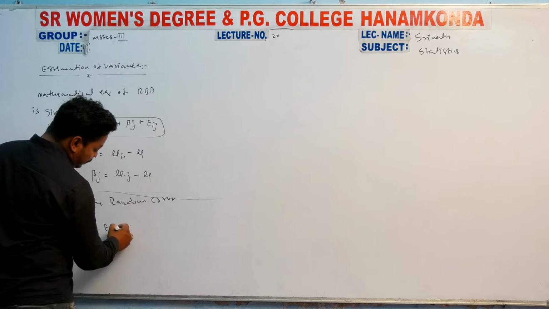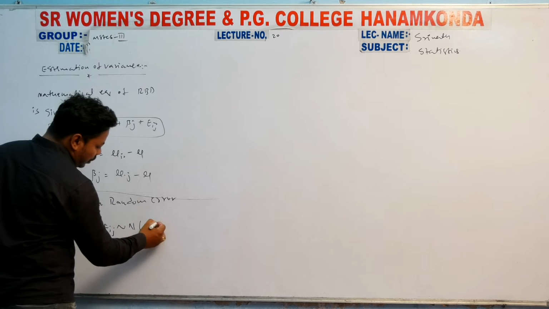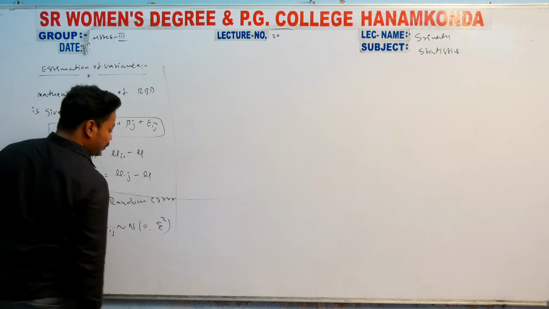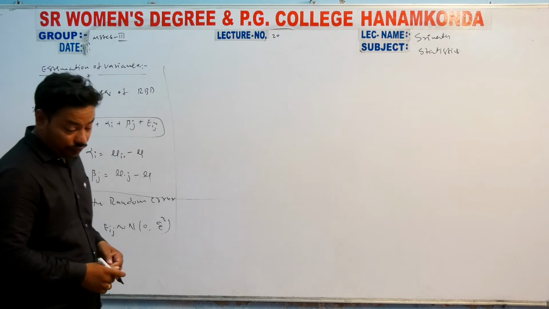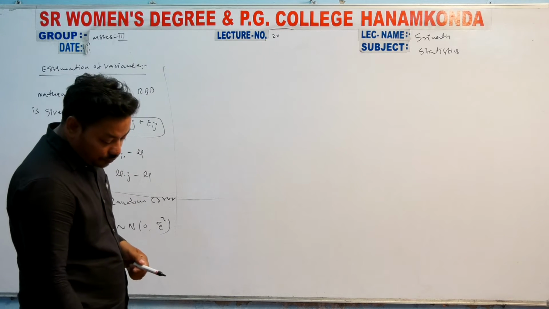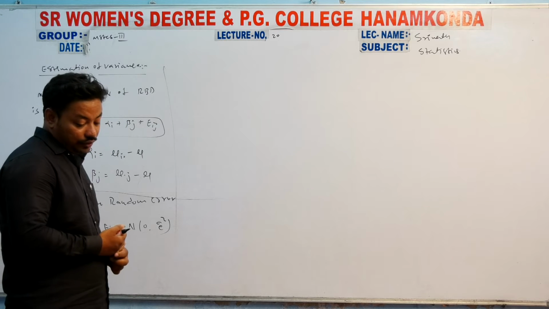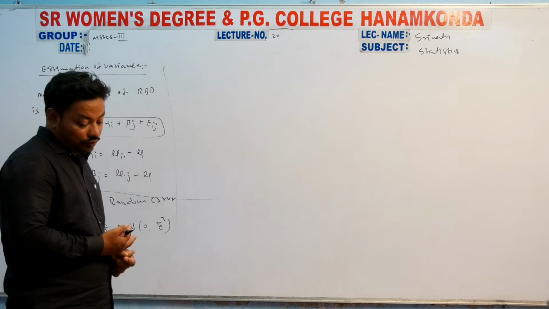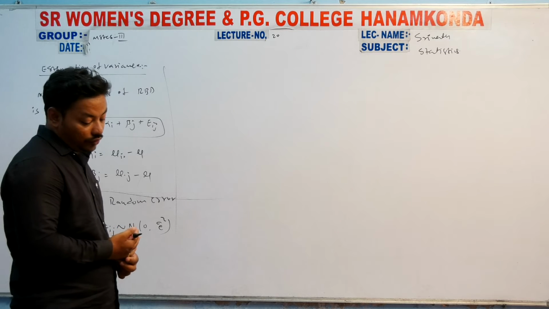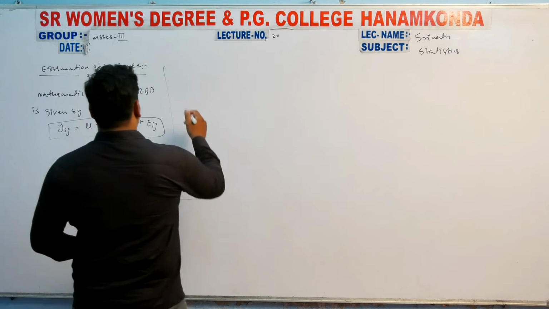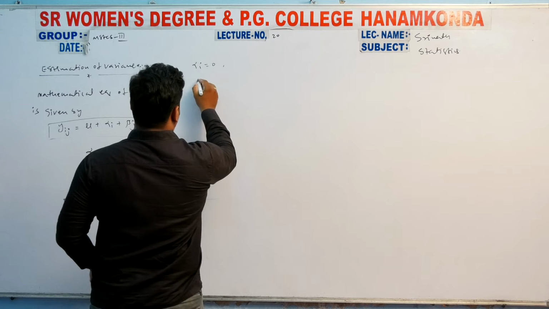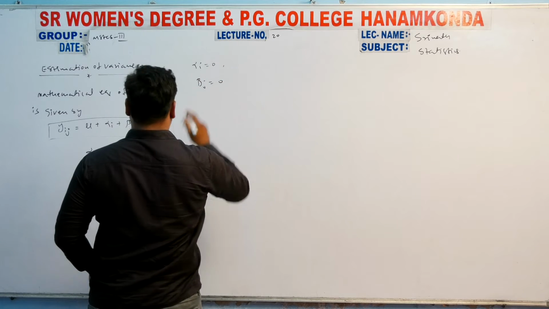Eij follows normal distribution 0, variance of E. And also we have summation alpha i equal to 0 and summation beta j equal to 0.